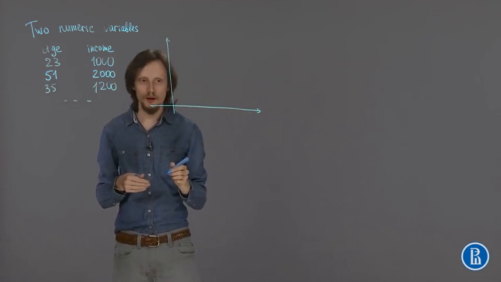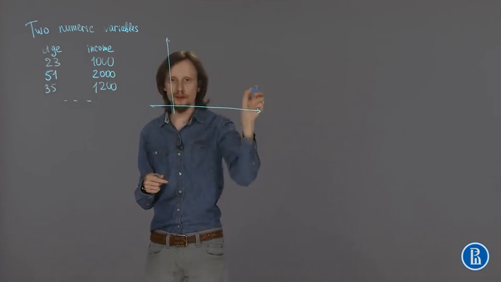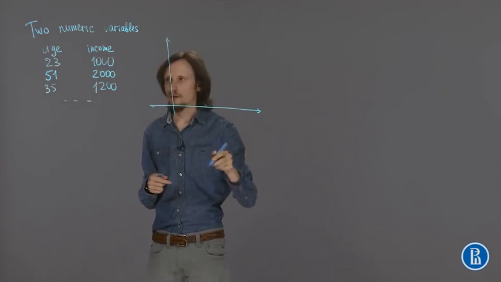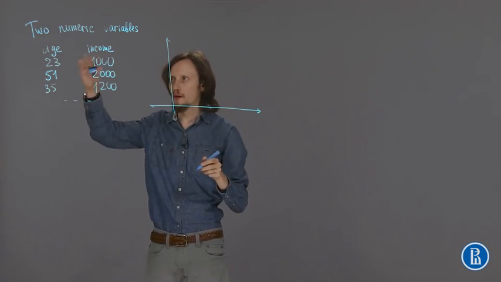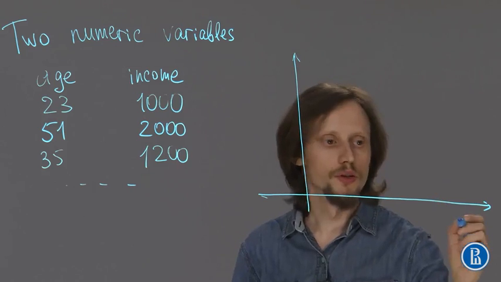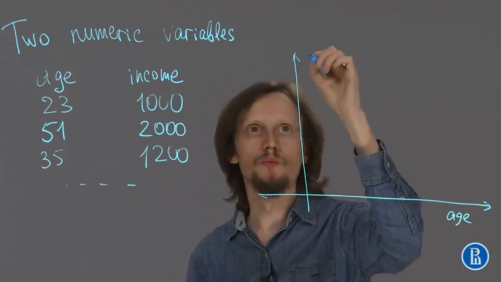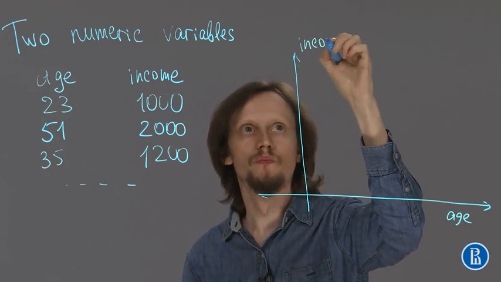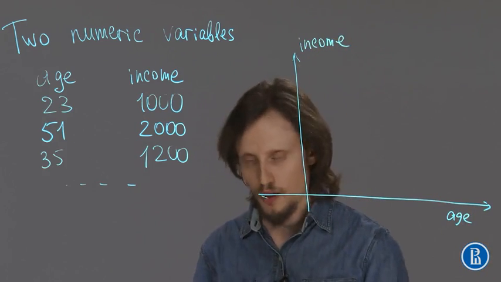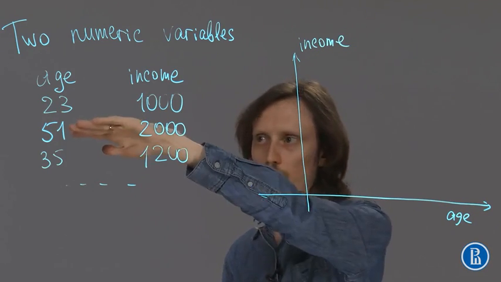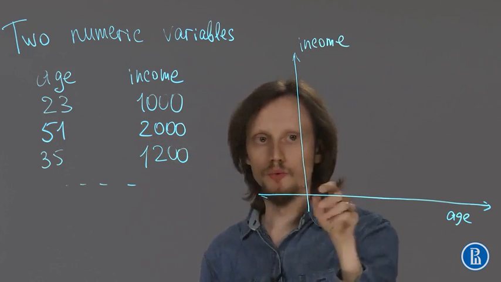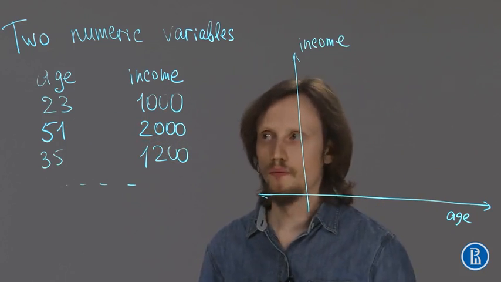In a scatterplot, we have a Cartesian plane, and on the axes we have our two variables. For example, the horizontal axis will be age, and the vertical axis will be income. Then each point in our dataset corresponds to a point on this plane.